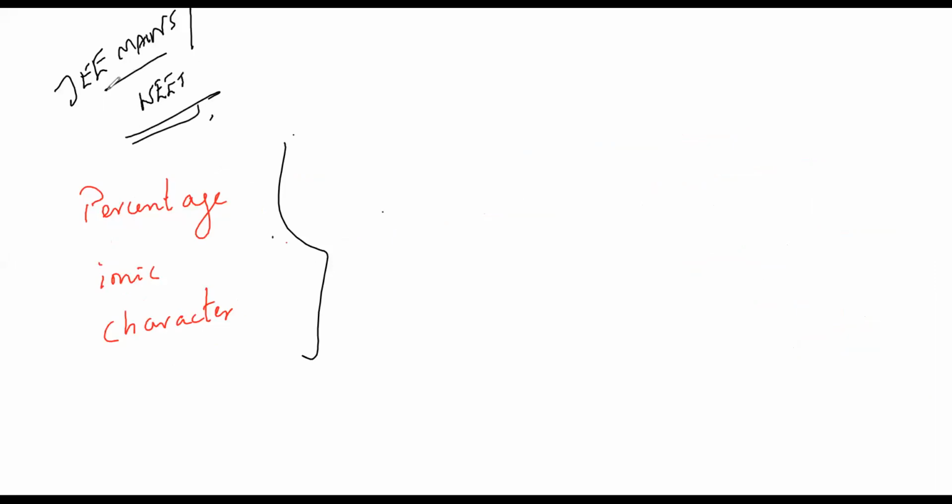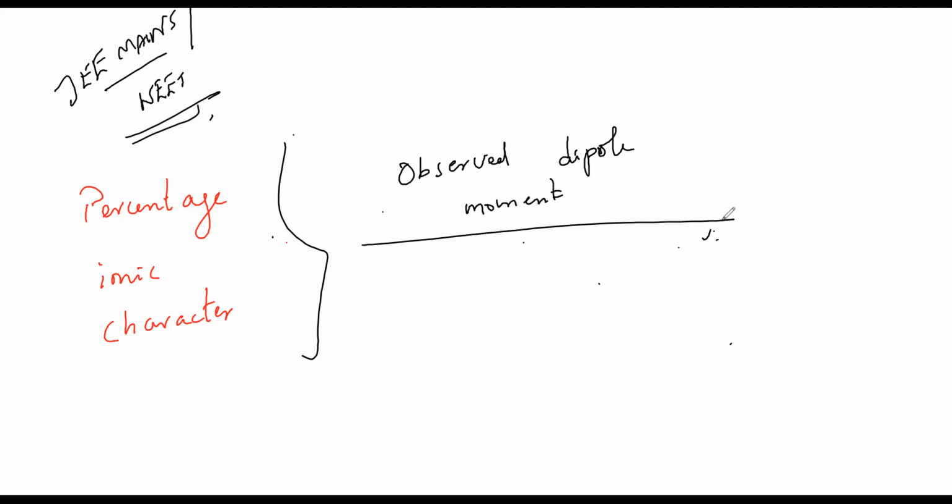Okay. So this is nothing but observed dipole moment to the expected dipole moment, into 100. All these values will be given in the question itself, but we should just know the formula.